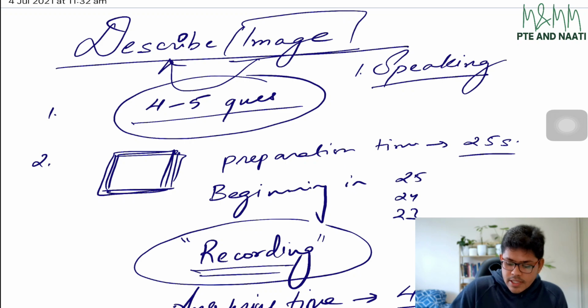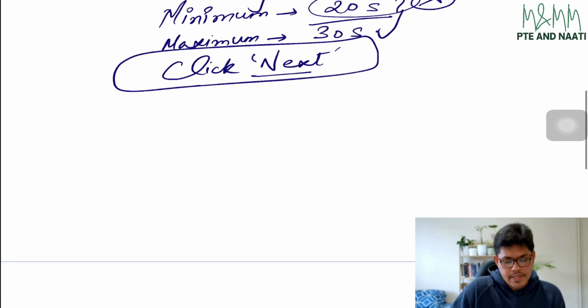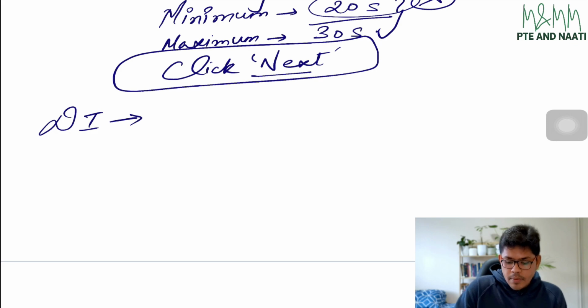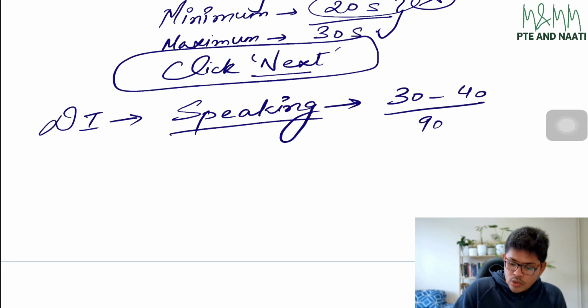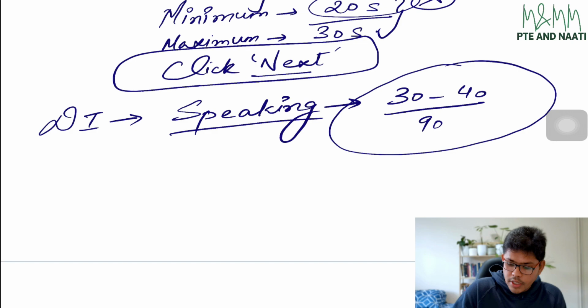Okay. Now, obviously, after you click next, you move on to the next question. Now, as we discussed, there are 4 to 5 questions in the exam, so we have to understand the scoring criteria. What is the scoring criteria? Describe Image, I'm writing the short form. It will give score only to the speaking section. And it will vary from 30 to 40 out of 90.